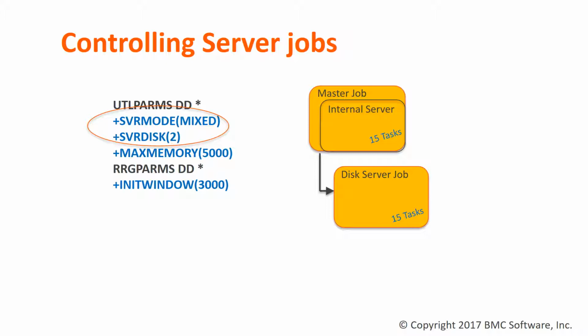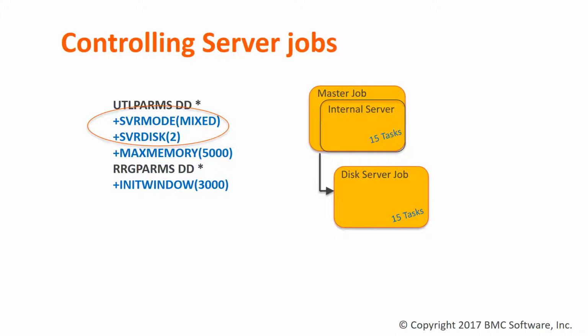The third option for server mode, besides internal and external, is mixed. This is a generally recommended option and the shipped value. Here the job specified the more typical server mode mixed, where the utility starts out processing in the master's internal server, then if needed, an external disk server job is submitted.